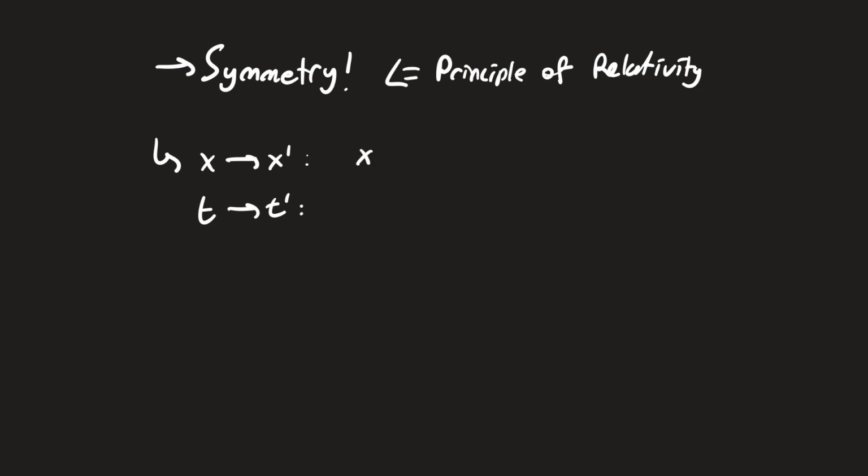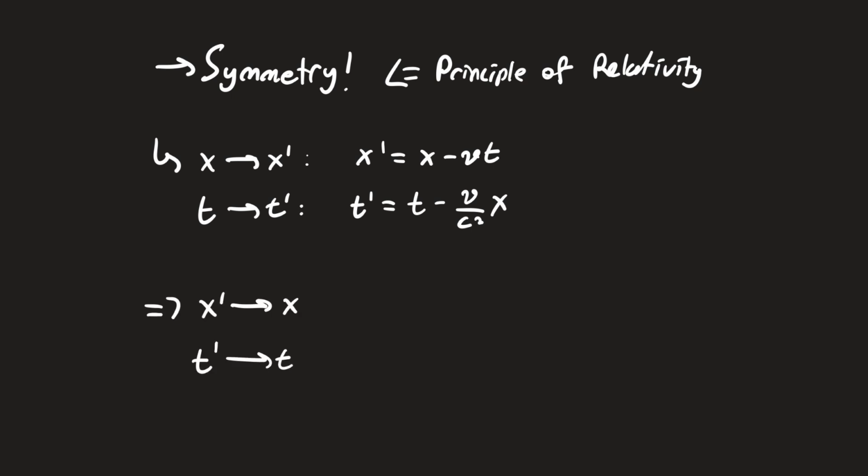Now with these transformations, there's kind of a preferred frame, right? We're going from the ground to the train. We should just as easily be able to go from the train frame to the ground frame. So we also want the transformations to work backwards without a preferred inertial reference frame.